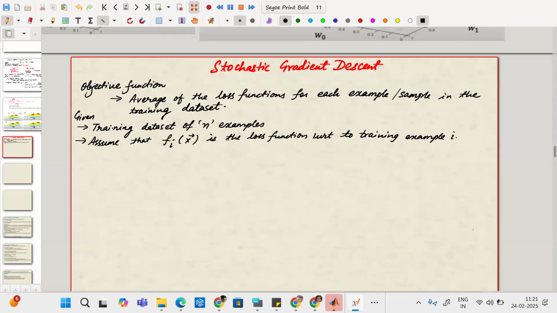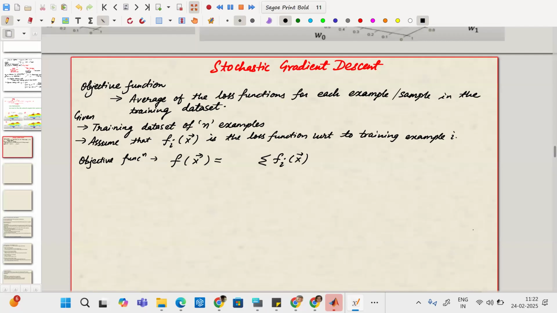Therefore, the total loss, the objective function, is given by f of x bar, which is equal to the sum of each of the losses on the training samples.